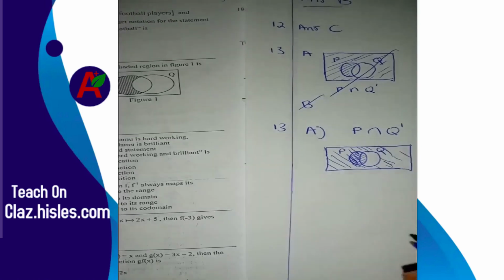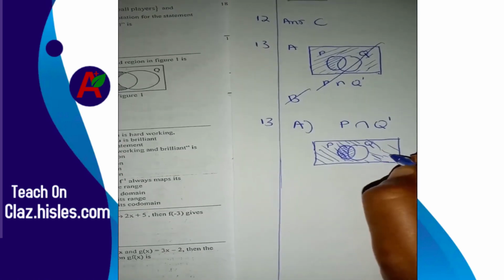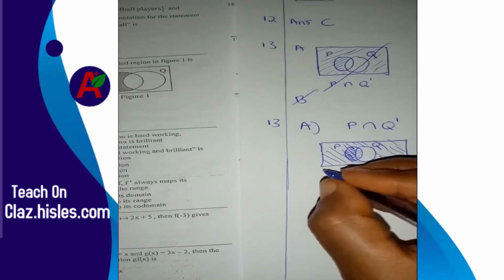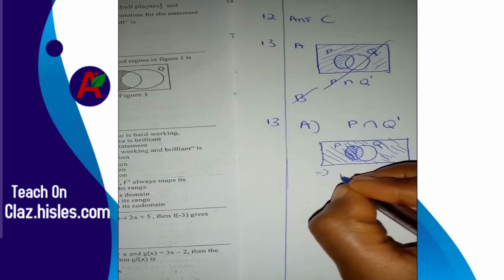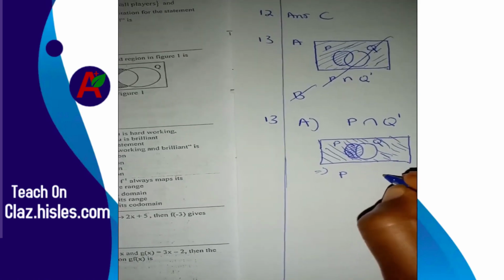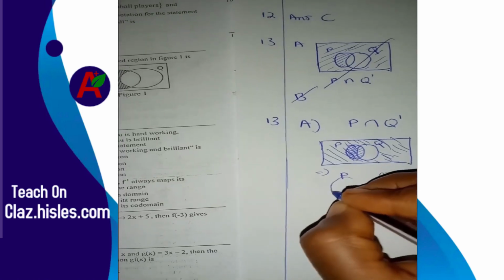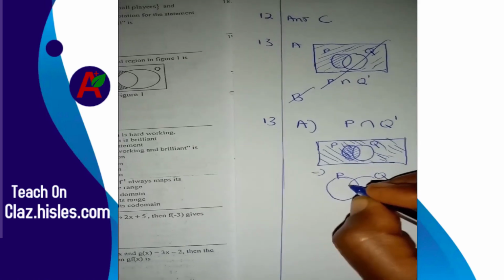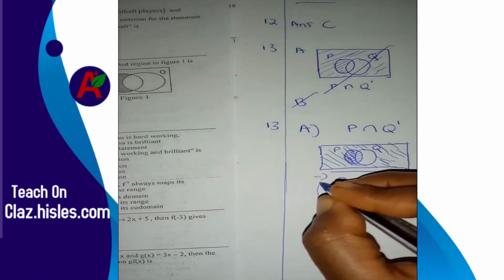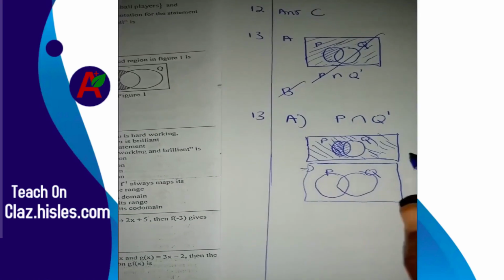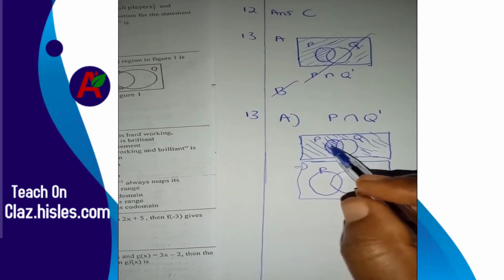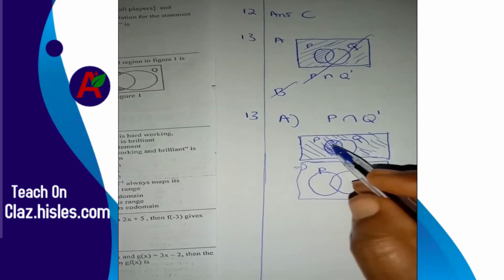And don't forget, for intersection, we always look at the negation.